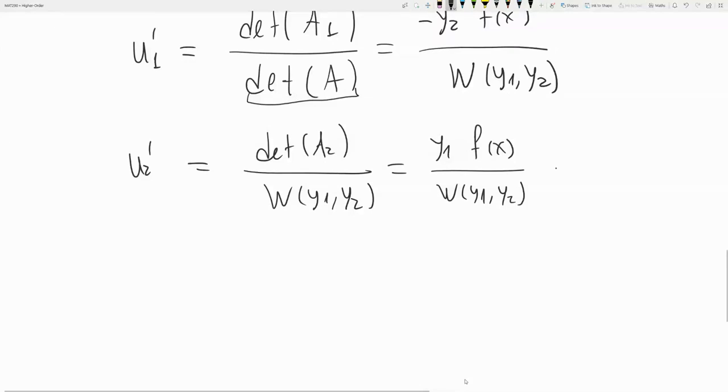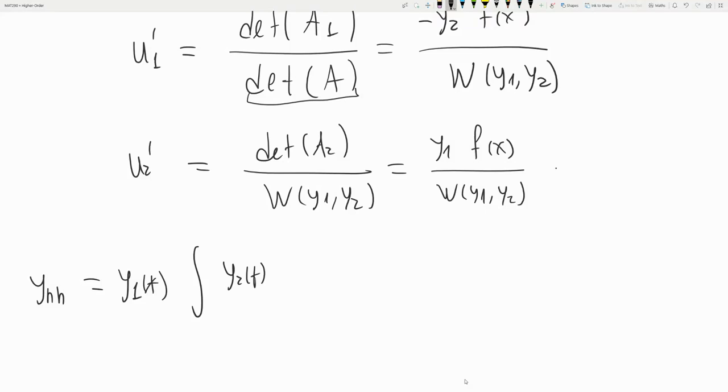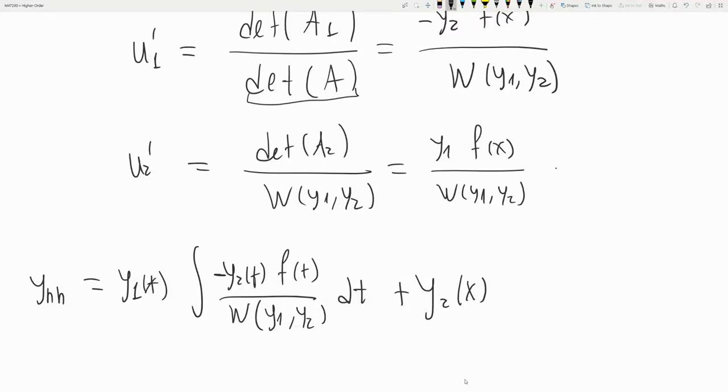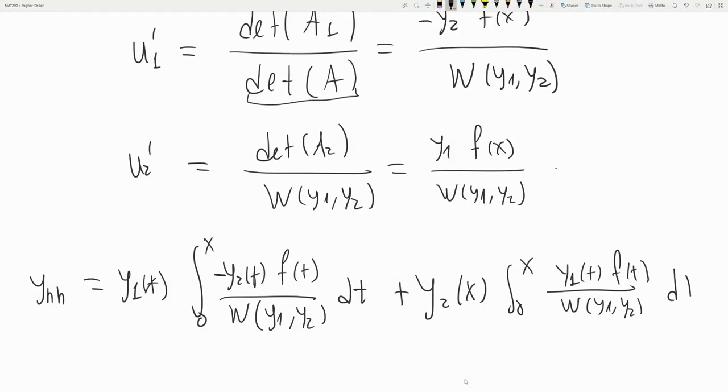Right, so we're almost done. Then y non-homogeneous is equal to y1(x) times the integral of minus y2(t) f(t) over the Wronskian dt, plus y2(x) times the integral of y1(t) f(t) over the Wronskian dt.